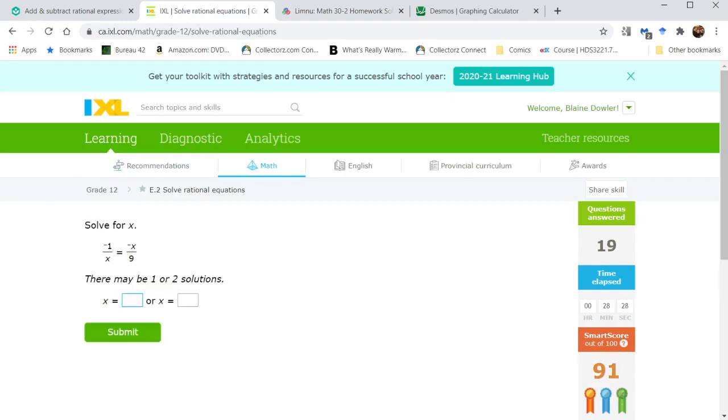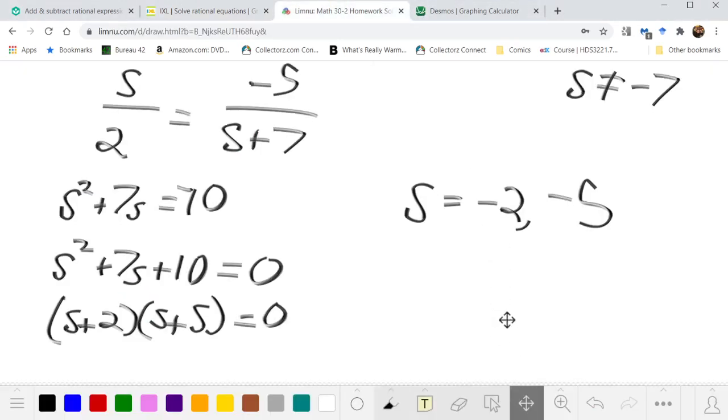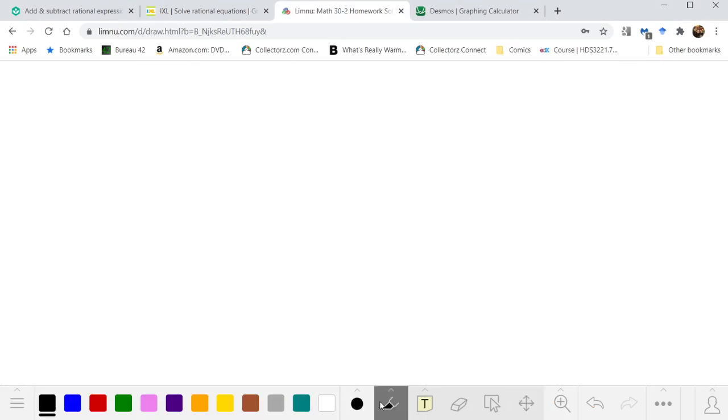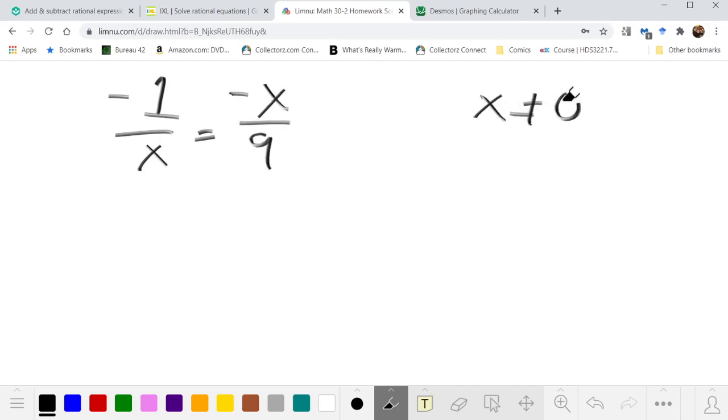So now one more, we'll finish this assignment. Negative 1 over x equals negative x over 9. So x is not allowed to be 0.